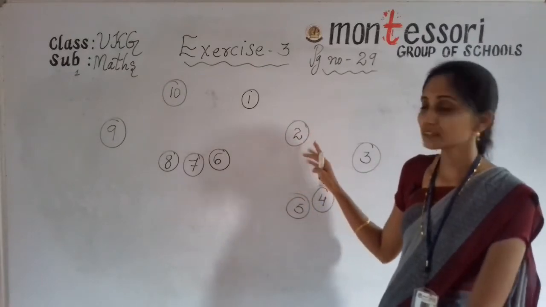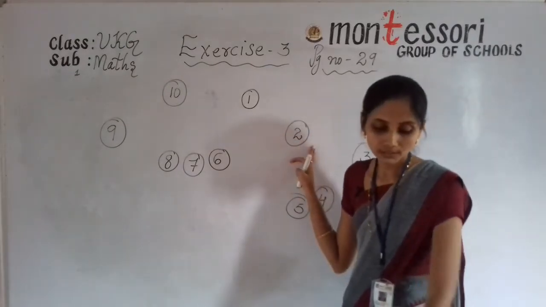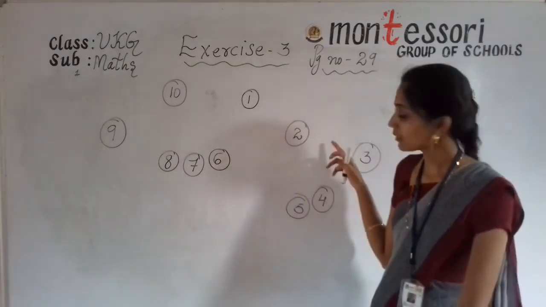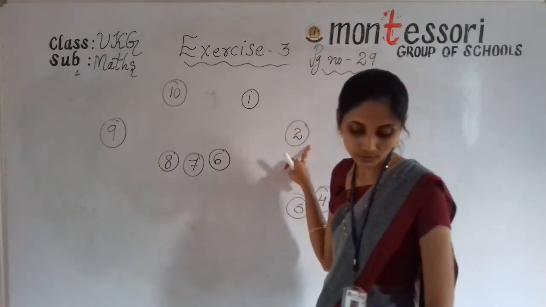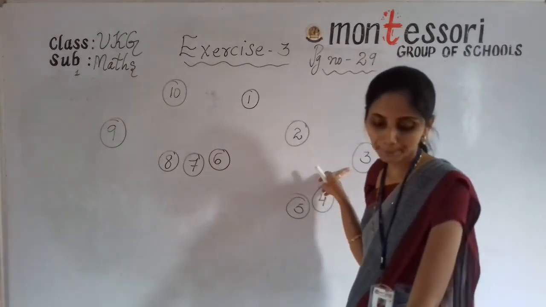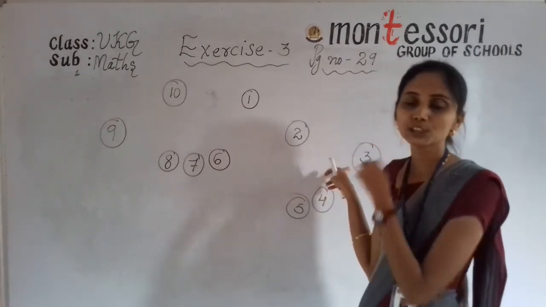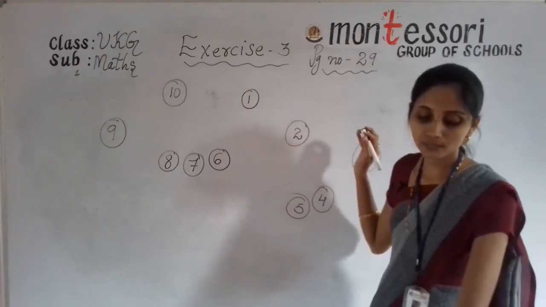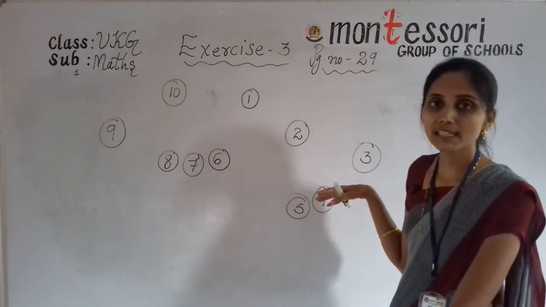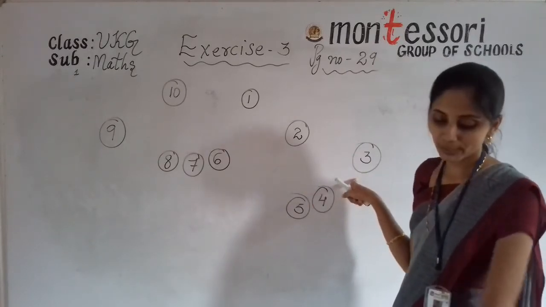Now, second one, coming to the door part, the floor mat is missing. That is the second one. Next, third one is the frame. Upon the teddy bear, we can see the frame in the first picture, but it is not visible in the second picture. Third one is the frame.